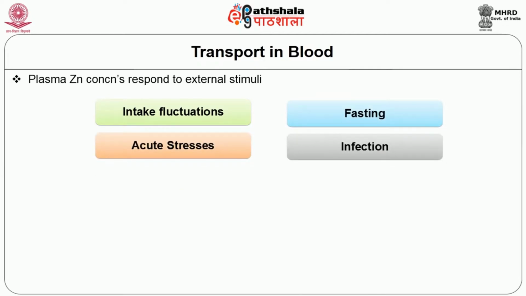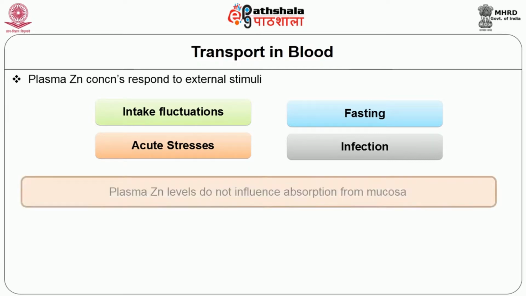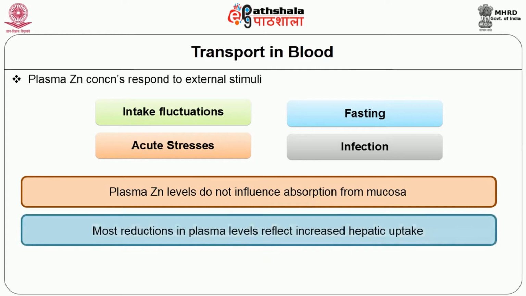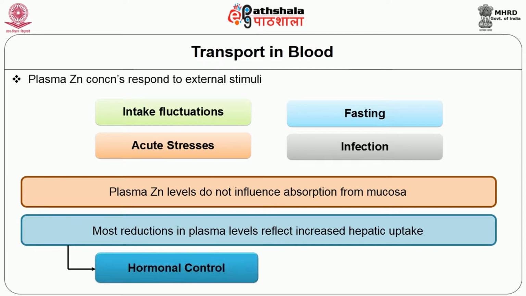In infection also there is a change in the uptake process. Plasma zinc levels do not influence absorption from the mucosa. Most reductions in plasma level reflect increased hepatic uptake. There is also reported hormonal control which regulates the uptake of zinc.